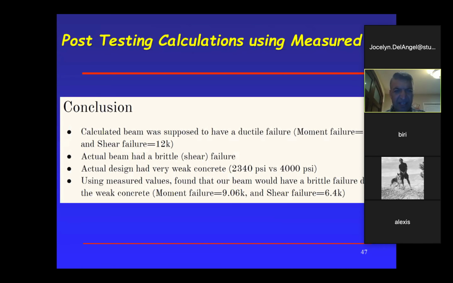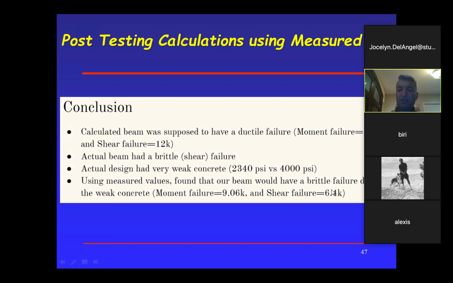All right? And then the shear failure, I said we skipped that. Actual beam had a brittle shear failure. Actual design had a very weak concrete, 2340 versus 4,000. See that? And then using measured values we found that our beam would have a brittle failure due to weak concrete, moment 9.06, okay, versus 10.9. And then the shear failure is 6.4.